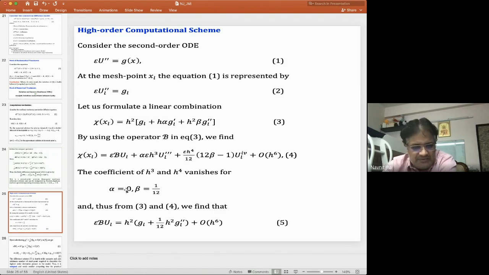That is, for this value of alpha and beta, equation 4 will appear with this operator B and order h6 terms only. This is what we are trying to achieve. Now, for alpha equal to 0 and beta equal to 1 by 12, equation 3 becomes h square gl plus 1 by 12 h square g double prime plus order h6.